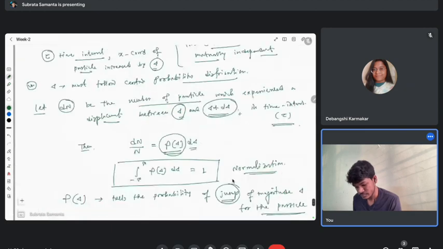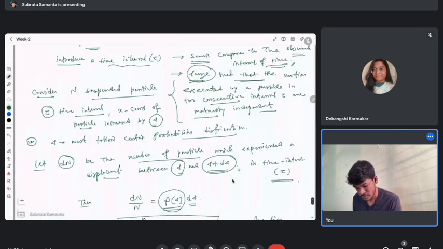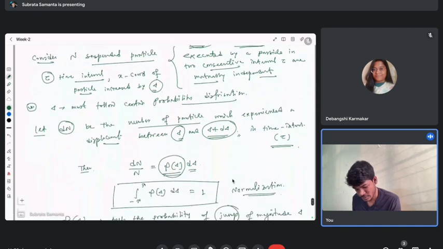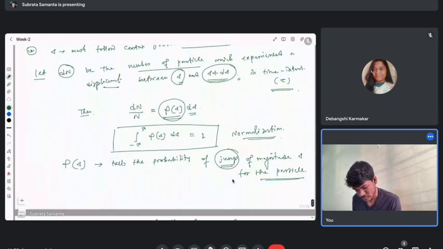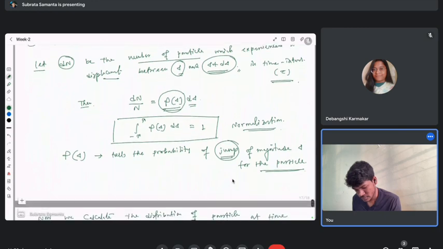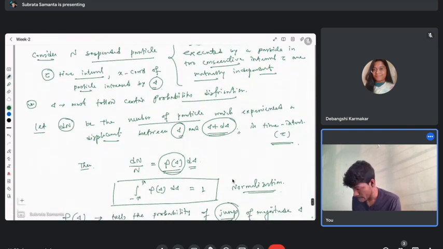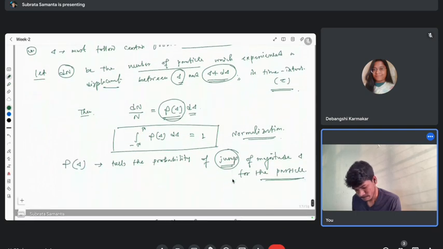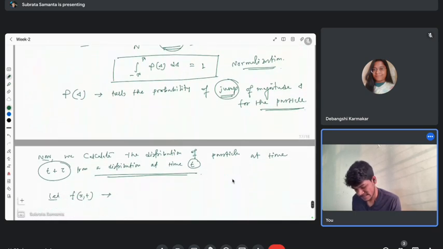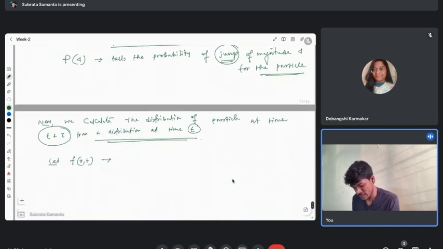So try to connect with this. So f of x, t is the number of particles per unit volume.